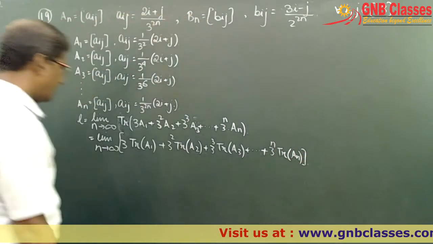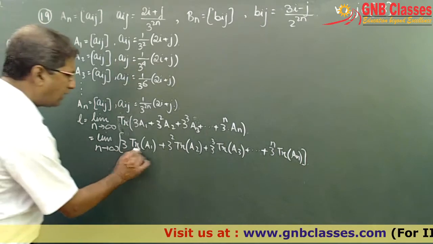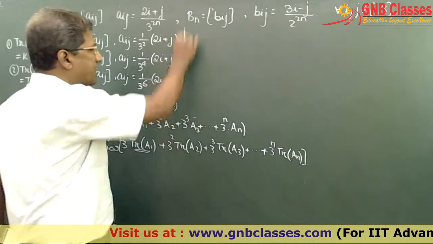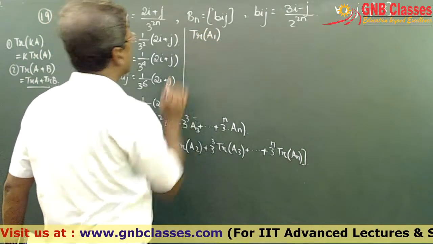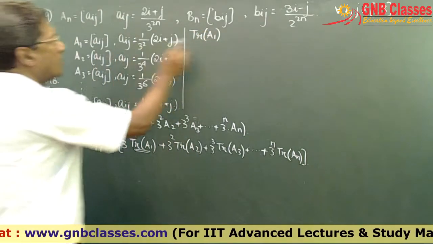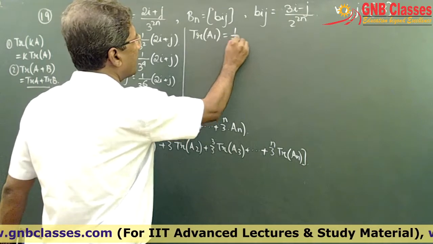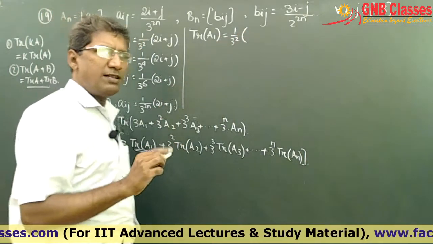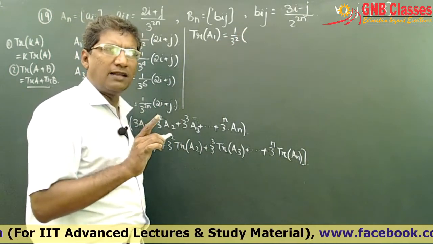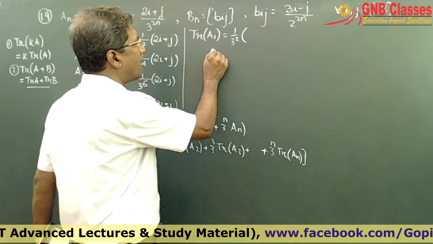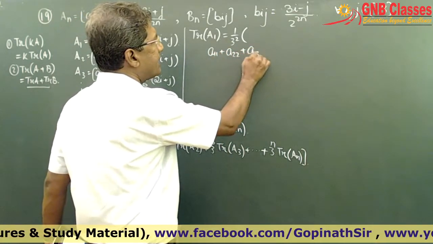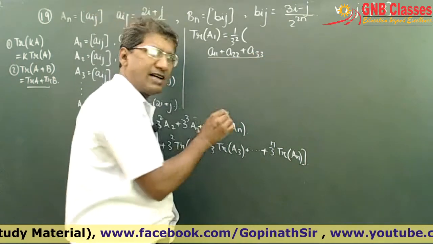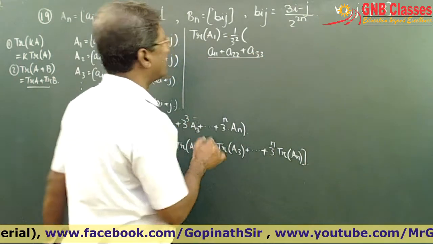Is it clear? Now what about your trace of A1? Look carefully. Trace A1 will be 1 by 3 square. Trace A1 means we are adding the diagonal elements, that is we have to find A11, A22 and A33, and if we add them up we always get the trace of that matrix.